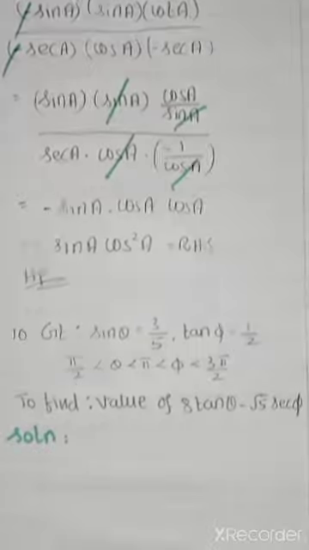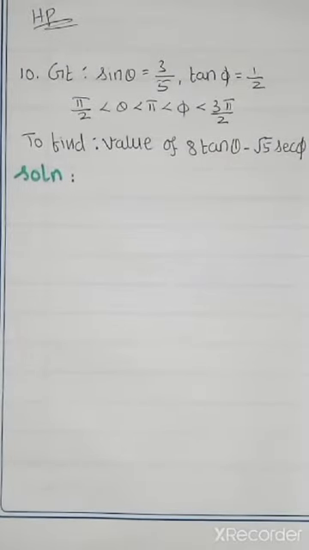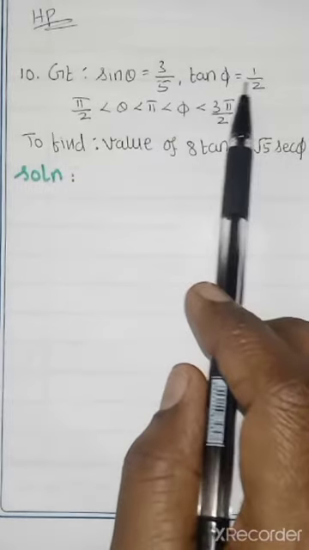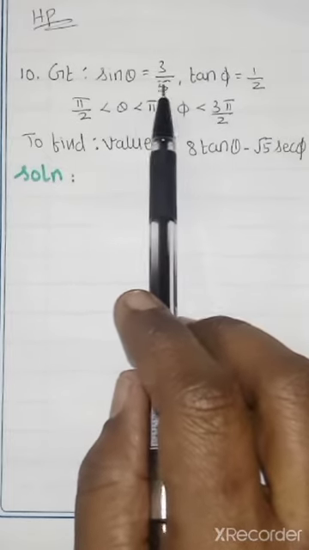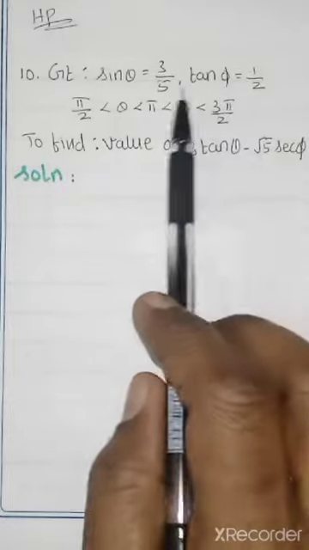Question: it is given that sin θ equal to 3 by 5, tan φ equal to 1 by 2. These two values are given.